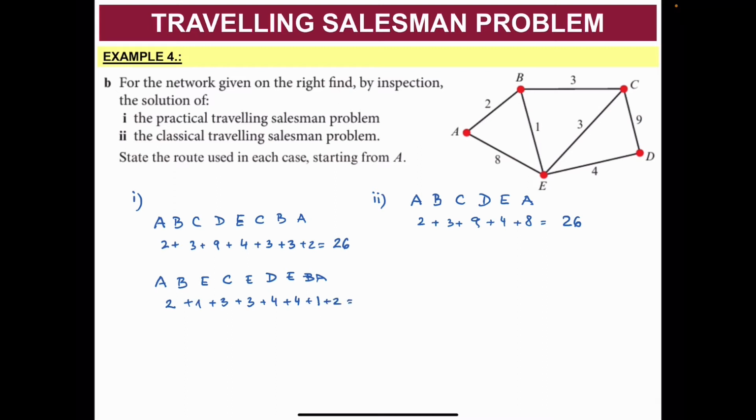So when you add this, 11, 14, 17, 18, and that's 20. And suddenly you see, even though I visited some vertex more than once, it significantly shortened my time or my distance.